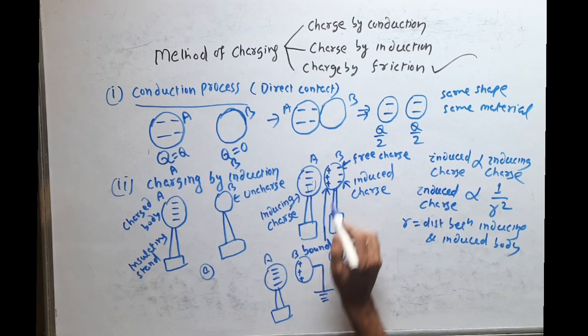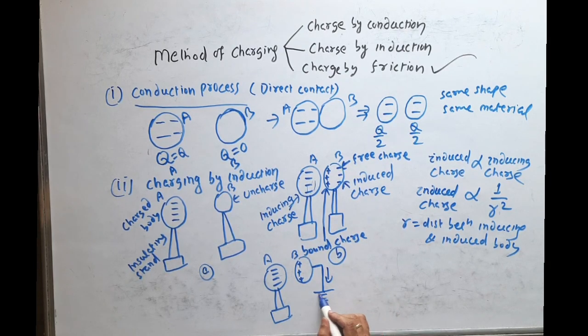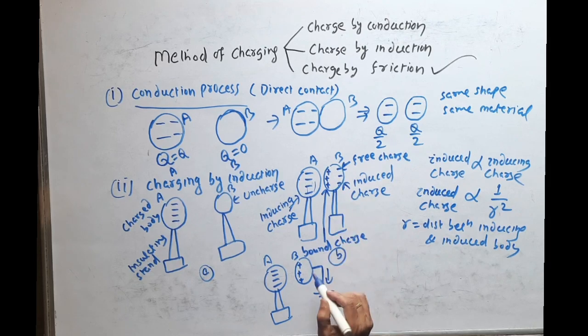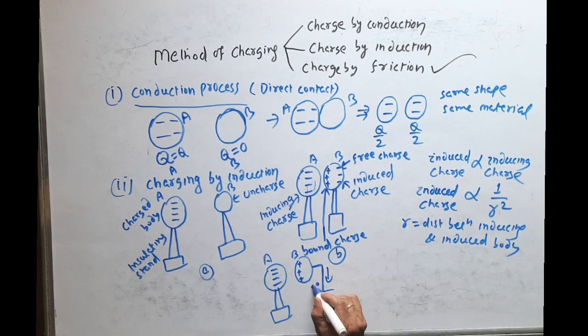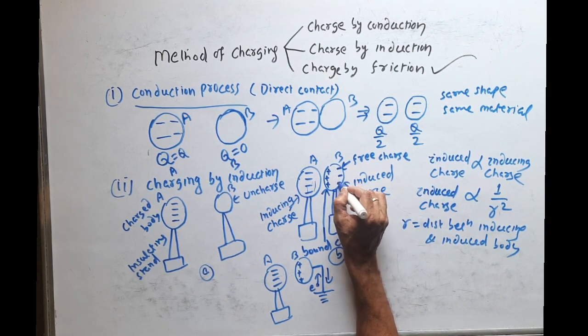What will happen? This negative charge will move towards the earth. You can say earth has infinite capacity for electrons. Here the positive charge indicates a deficiency of electrons. So if we connect this side to the earth, electrons from the earth will move to fill this vacant position.